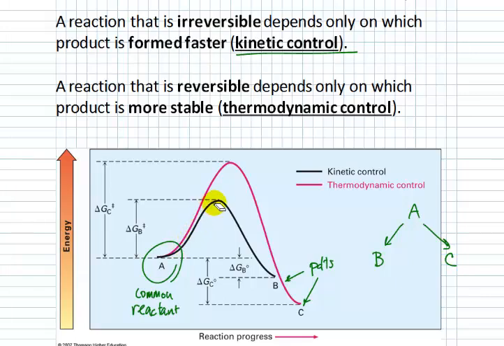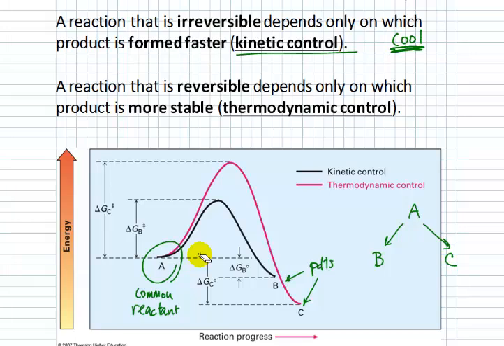Okay? If there's only just enough to get over this point, then very few will be able to make it over this point, and they'll land down here. It'll be irreversible because if they can just get over this barrier, then they won't be able to get up over this barrier, right? So kinetic control can happen when we cool a reaction.